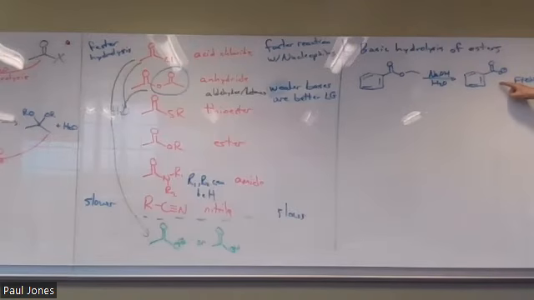Notice here that I've drawn this as an O minus. Why have I drawn the carboxylic acid as an O minus? Right, we're in base here. I've not said anything about adding an acid at the end of it. If I wanted to get benzoic acid instead of benzoate at the end of this reaction, I could drop in concentrated sulfuric or hydrochloric acid.